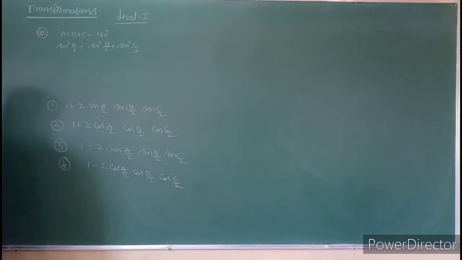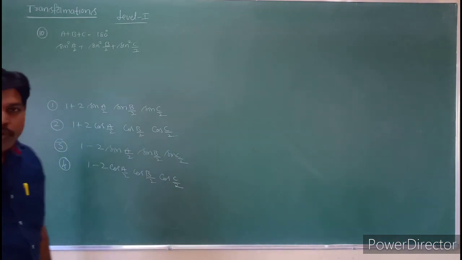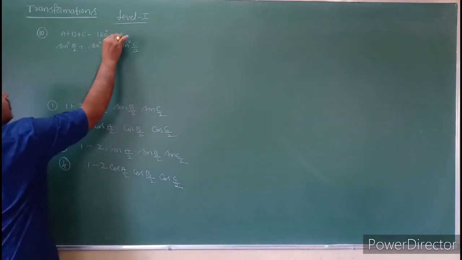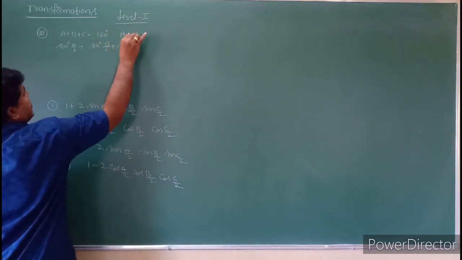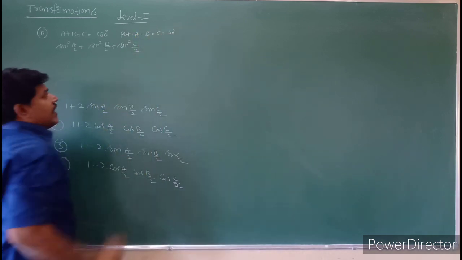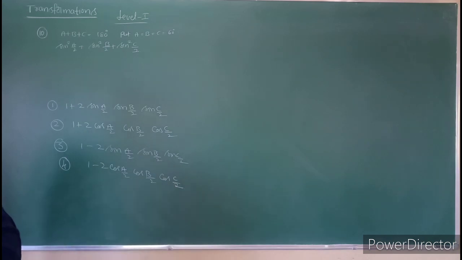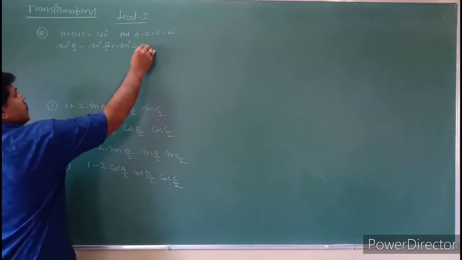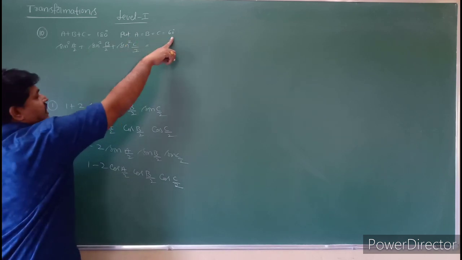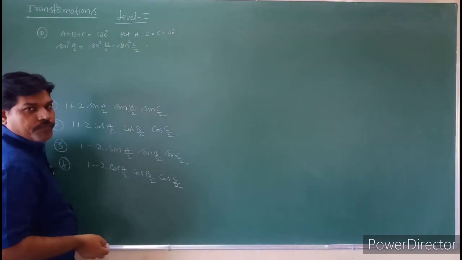So we will verify the answer here once again. What is the condition? I told you that we have to take A is equal to B is equal to C. So put A equal to B equal to C equal to 60 degrees. Substitute this value here. A is 60, then A by 2 is 30. Yes or no?